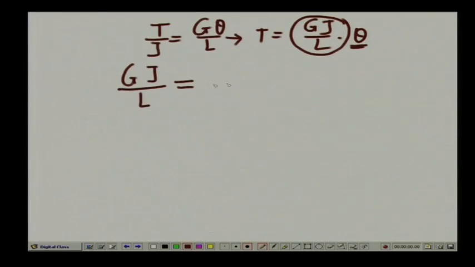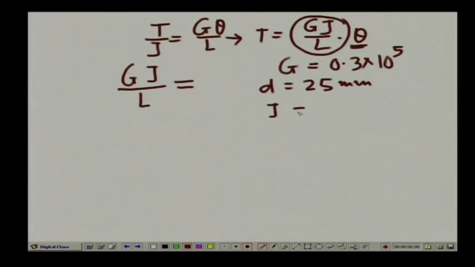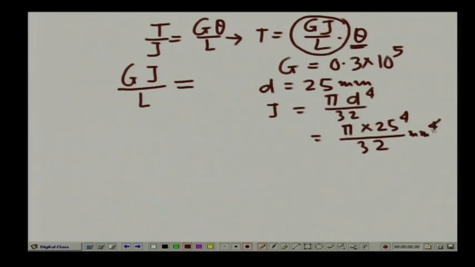So, GJ by L is equal to, now the value of G here is given as 0.3 into 10 to the power 5. Now, the value of J, the polar moment of inertia, the diameter is given as 25 millimeter. So, J is equal to pi d to the power 4 by 32. So, this is equal to pi times 25 to the power 4 divided by 32, so much of millimeter to the power 4.